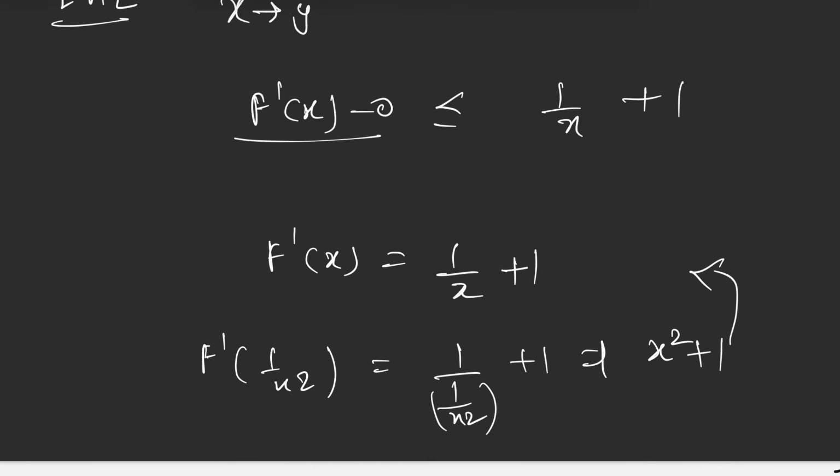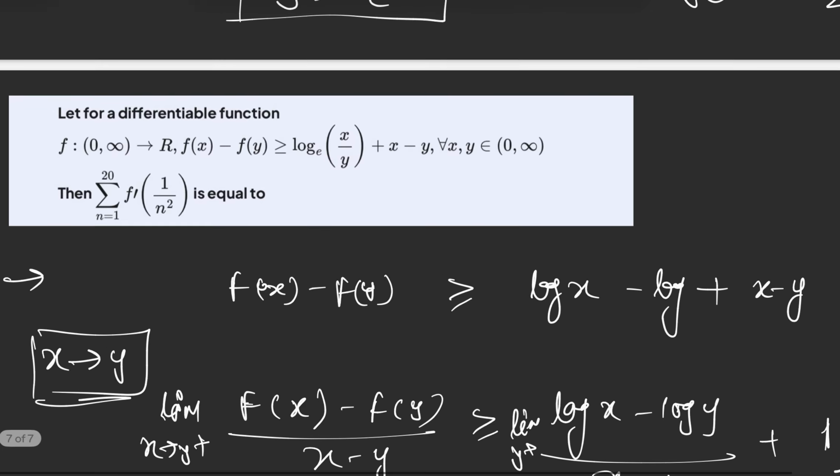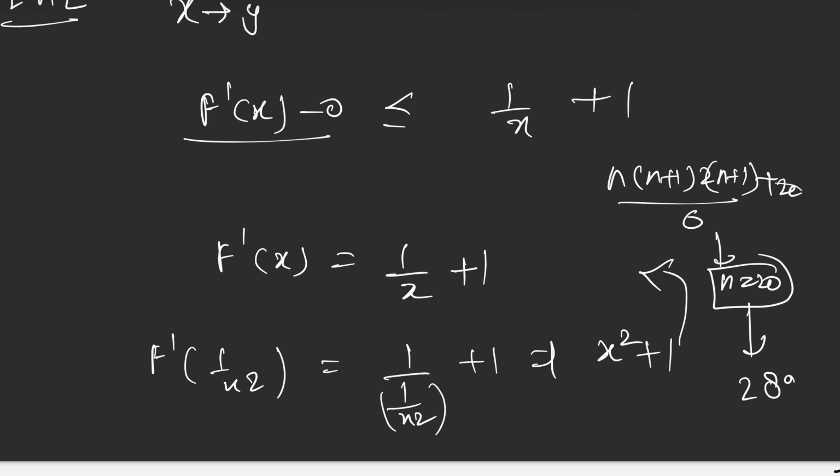Summation will be what? n square summation, n into (n plus 1) into (2n plus 1) by 6. And this 1 will get added 20 times, so it is 20. Now you can keep the value of n as 20 directly, and you will get your answer as, I think, 2890. 2890 will be the answer when you keep n equals 20.